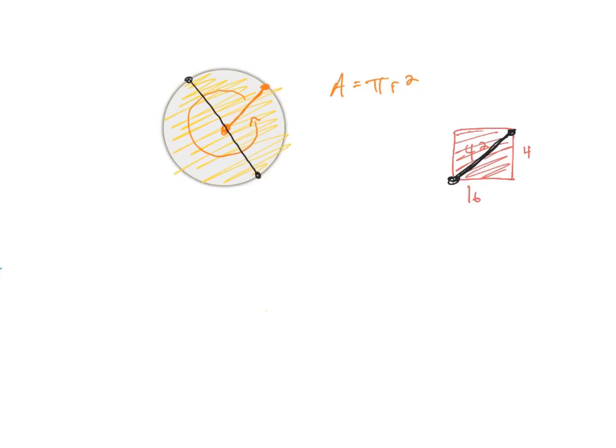It would be like if you had a nail and a piece of rope and a student, and they walked around this circle carrying this rope, how much area would they cover?